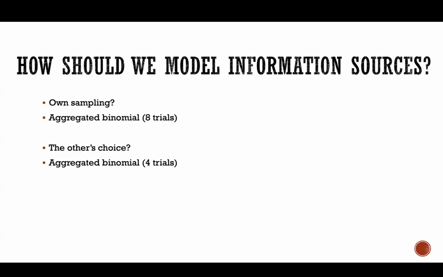Then we do the same for the others. And let's say that there's only 2 out of 4 that say it's red. So we can say 0, right? So we are conceptualizing the information contained in my own sampling, 2 out of 8 red marbles, and in the 4 others where only 2 are saying red, as single numbers.